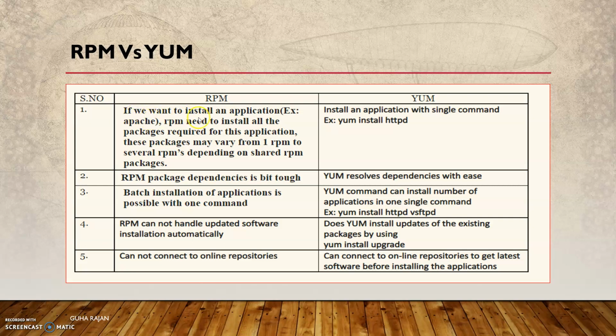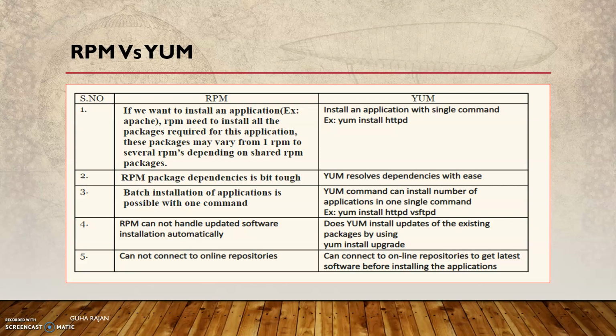If you want to install an application, RPM needs you to install all the packages required for this application. This may vary from one RPM to several RPMs, depending on the shared RPM packages. So basically, when you install something, there are going to be dependent packages as well.